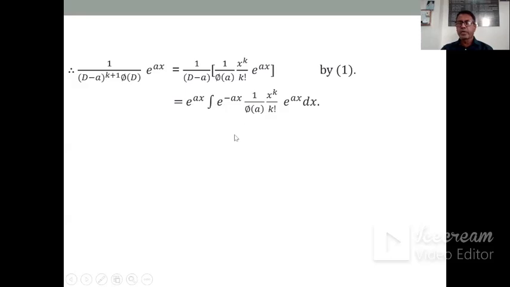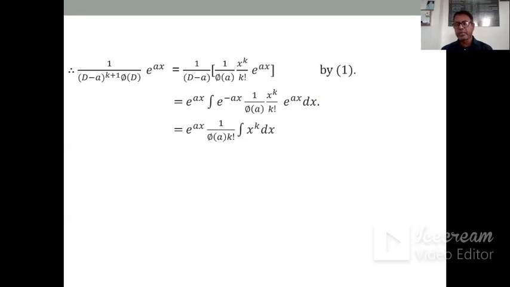We are able to take the constant outside of the integral sign, and e to the power minus ax times e to the power ax is e to the power 0x, meaning e to the power 0 is 1. If we simplify this, it is equal to e to the power ax divided by phi of a into k factorial into integration of x to the power k dx.